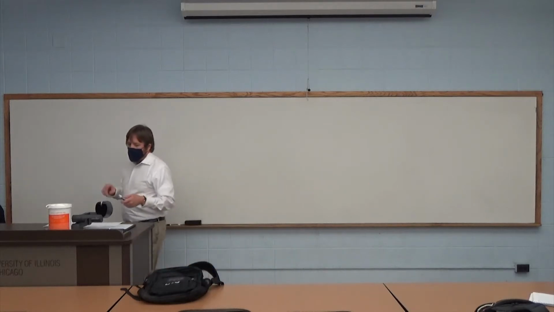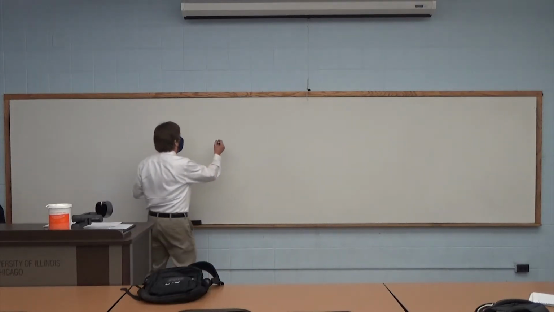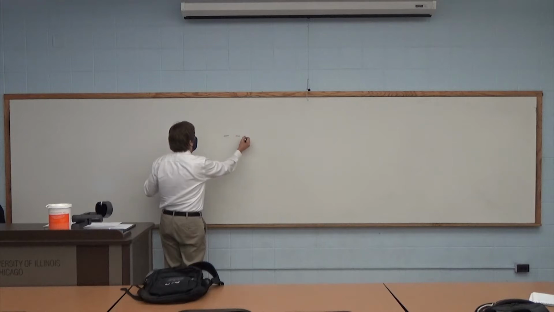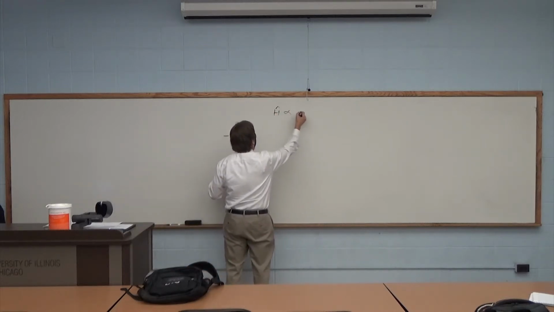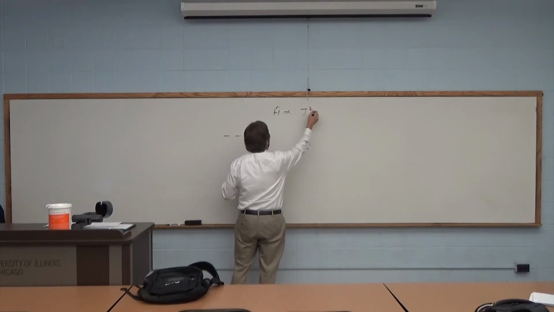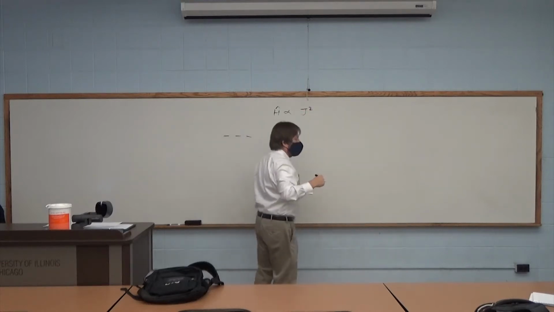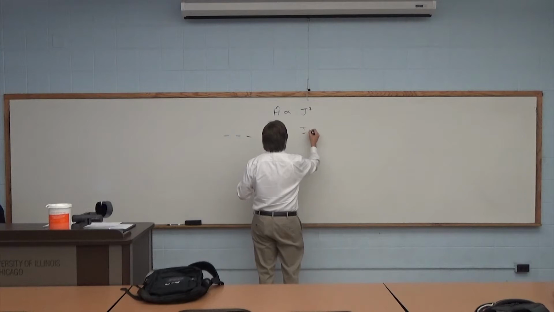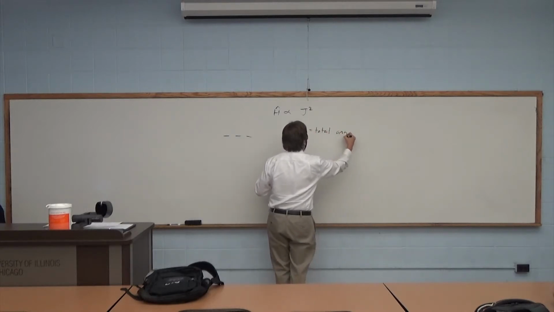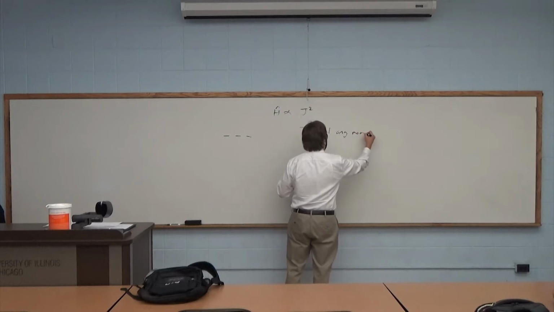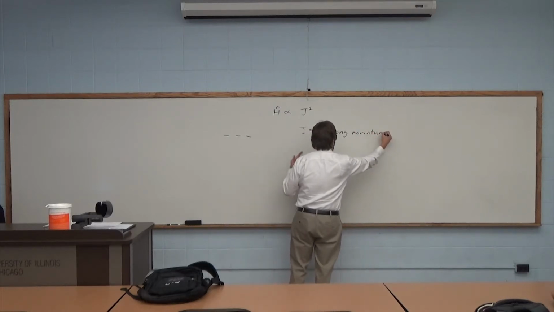Okay, so now I gave you a little handout, and part of what we do this for is, for a couple of reasons. One is that a Hamiltonian is going to be proportional to J squared, where J is the total angular momentum, because of course it is.